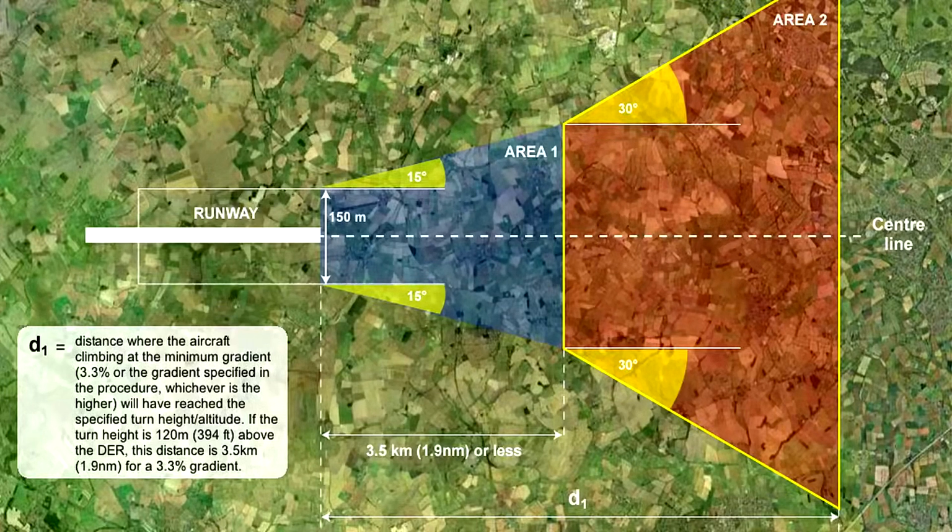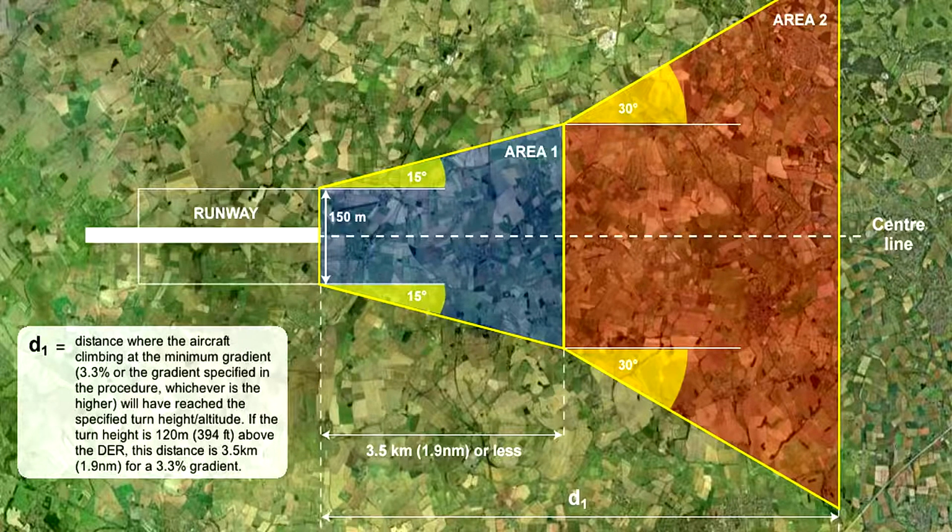But what defines the lateral extent of the MOC footprint? The footprint leaves the DER 75 meters either side of the extended center line and splays away at 15 degrees. That is, if you recall, because track adjustments to 15 degrees are allowed.